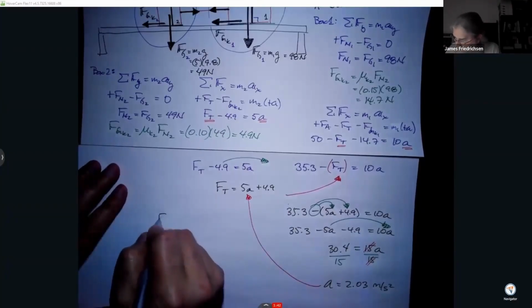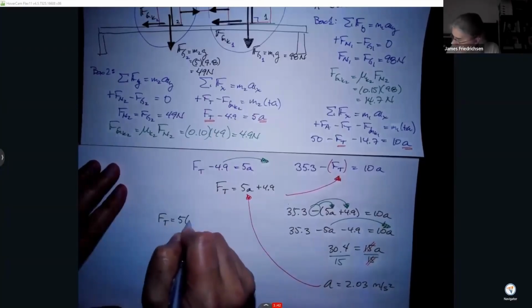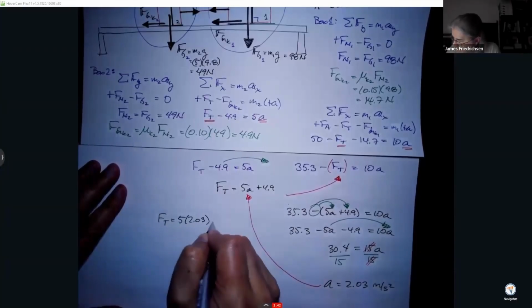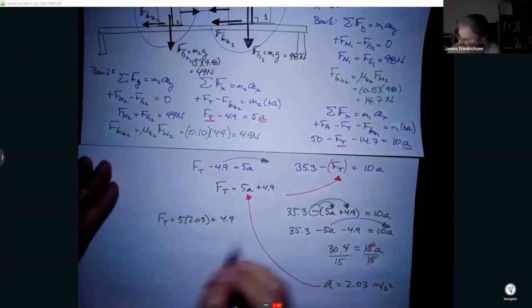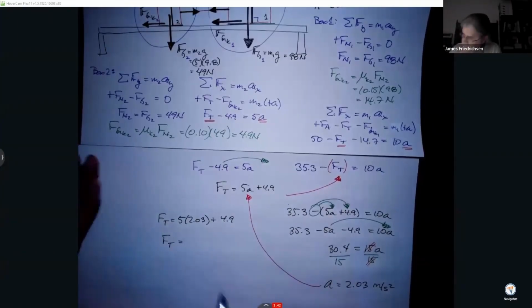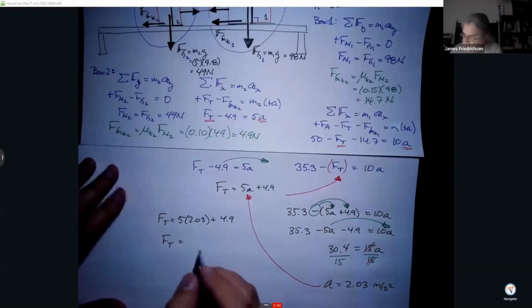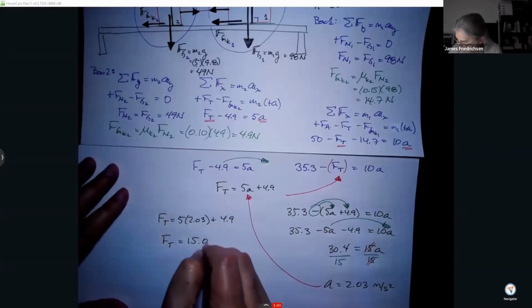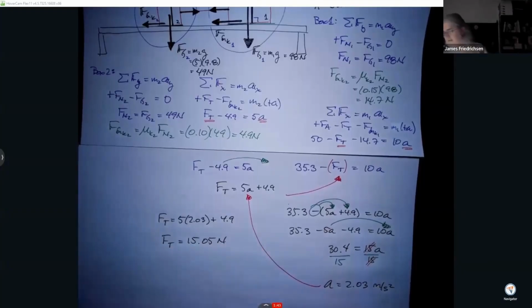So then our magnitude of the tension is 5 times our 2.03 plus 4.9. 15 point something? Yeah, 15.05. And there we have it. These were magnitudes of vectors. They came out positive. Directions look good.